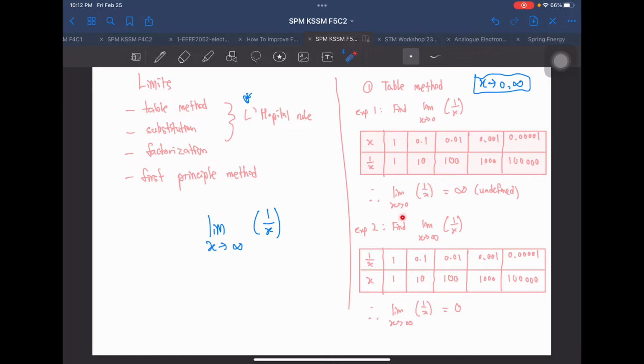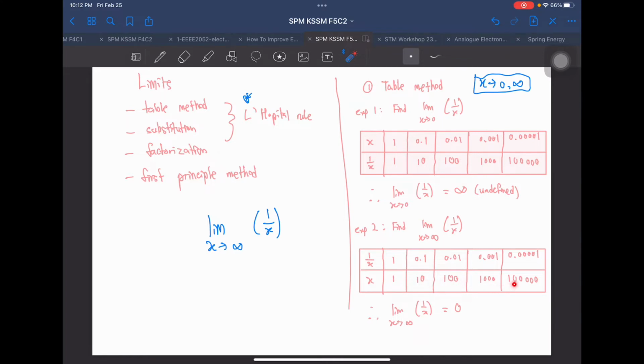And in math, infinity is undefined. Okay, the second example is the reverse of the first example, where x is approaching infinity and you want to find 1 over x when x is infinity. We first start with x value as 1, and we slowly increase the value of x until it approaches infinity.